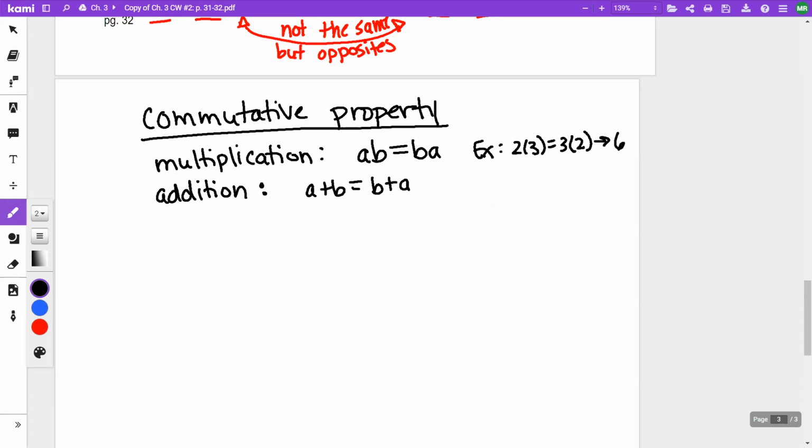Both of them are going to give me a 6. If I take 2 plus 3, which is 5, or 3 plus 2, that's also 5. Both of them give me 5.